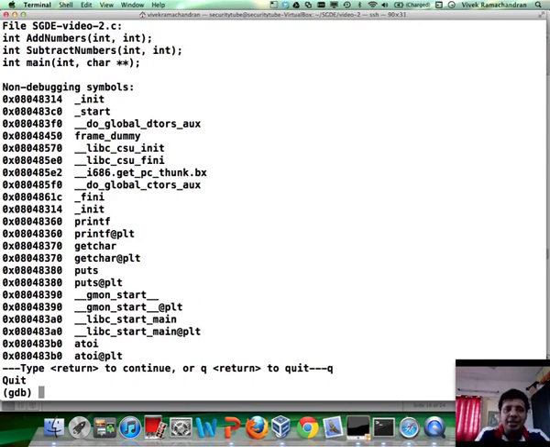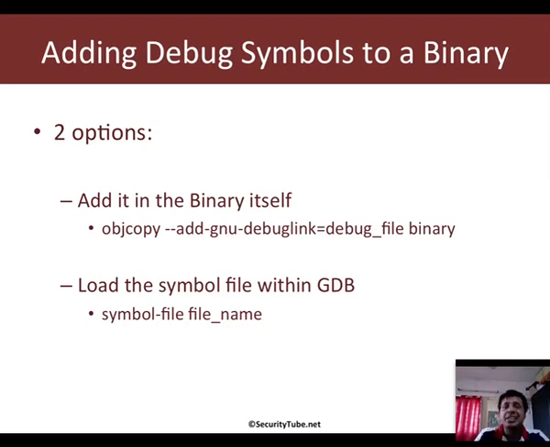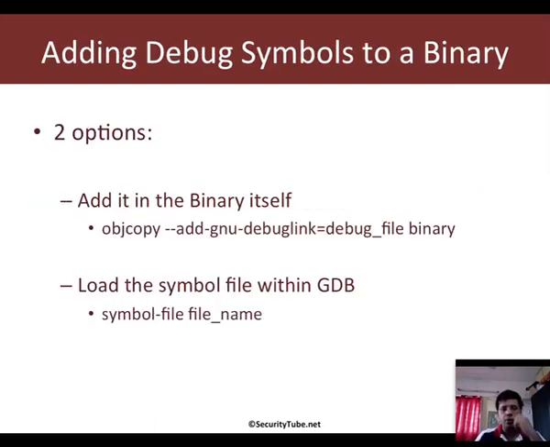In reality, there are a lot of other things which do get added, and as we've seen, we were actually able to uncover a couple of function names, even the variable, even though we did not compile with the -g option, right? So in such cases, the best option for you as a developer, as someone distributing a binary, is actually to use the strip unneeded option as well, right?